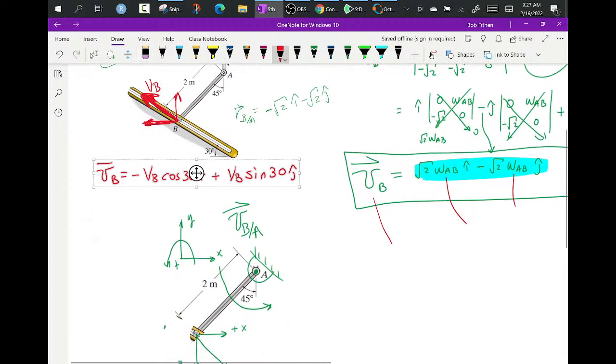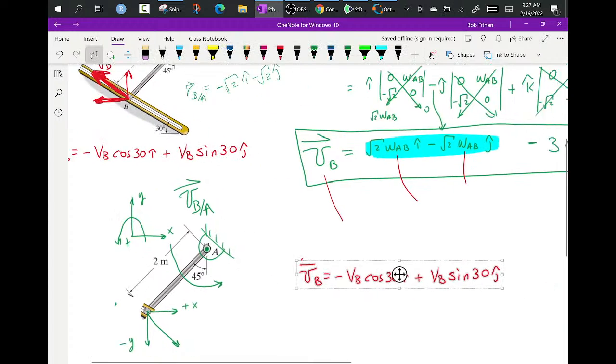Copy it. And move to my back here. I'm going to paste that.